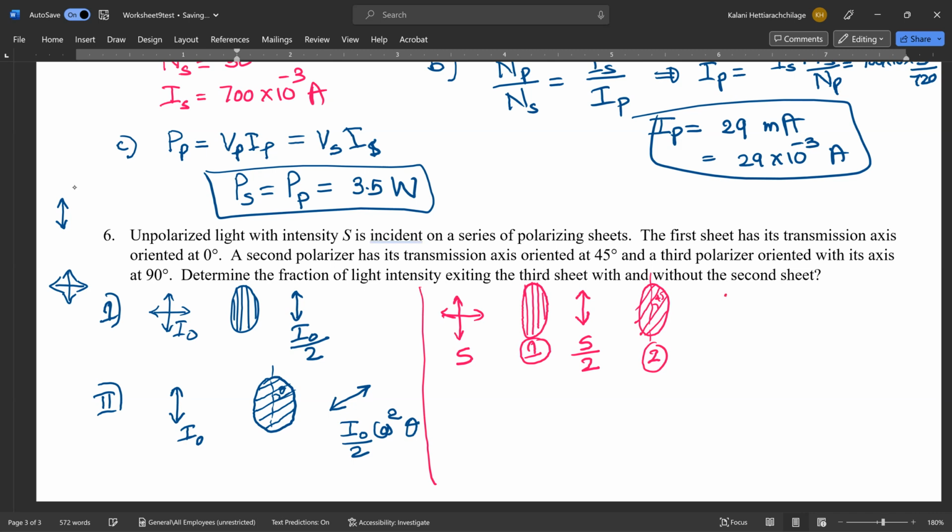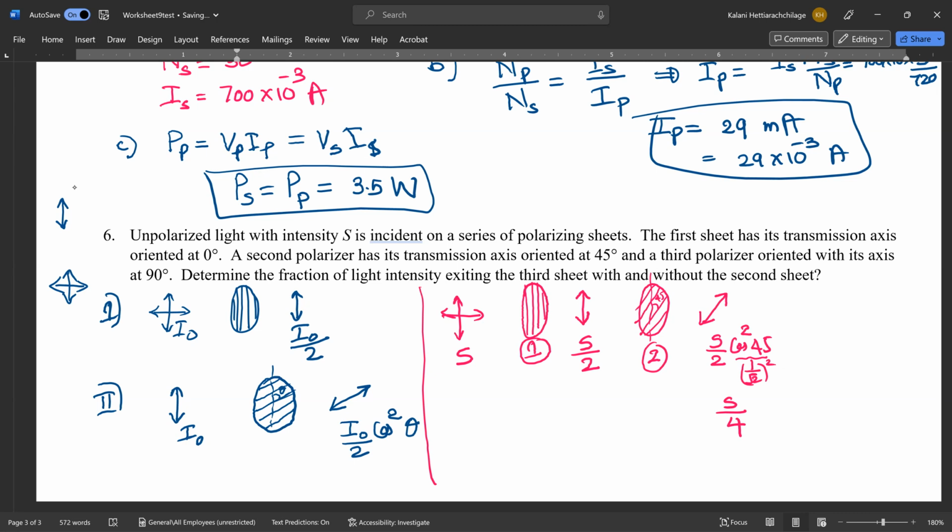The intensity passed here will be S over 2 times cosine squared 45 degrees. Since cosine 45 is 1 over root 2, raised to the power 2, that gives S over 4.